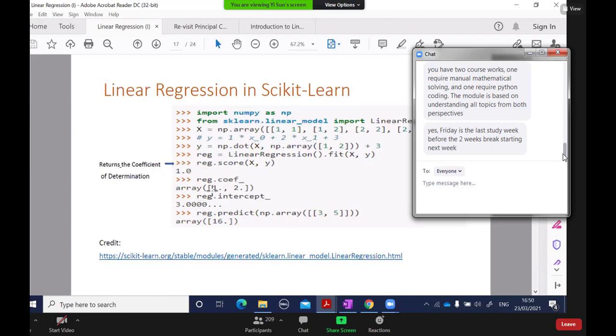Now to get A0 and A1, if you want to see the output, that is the trained model reg dot coef underscore. It will return to you the trained coefficients for this model. So it is 1 and 2. That is exactly defined here.